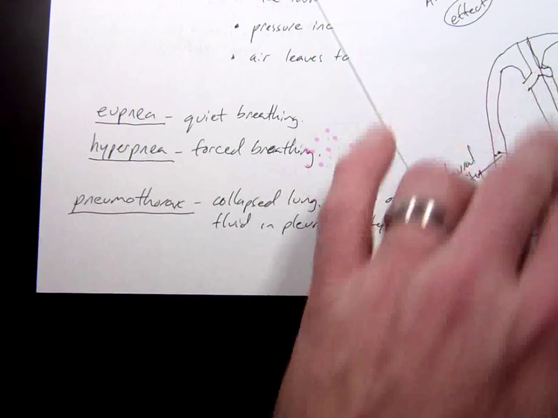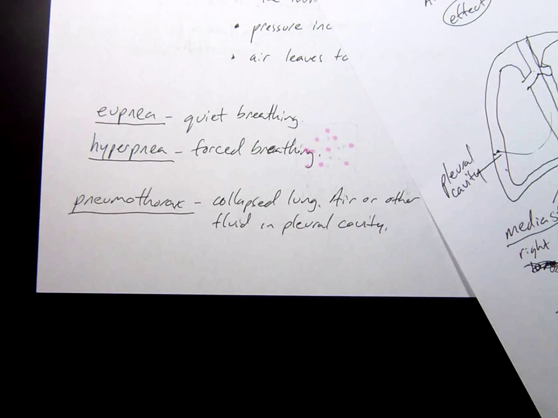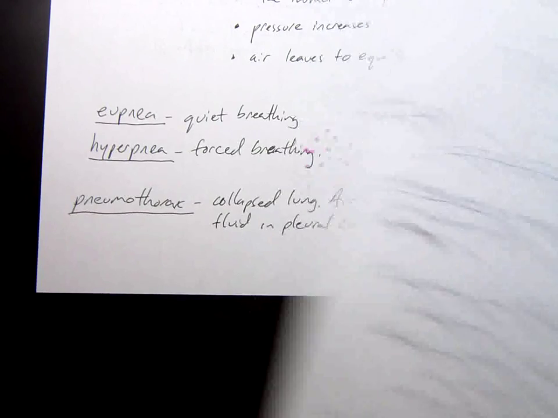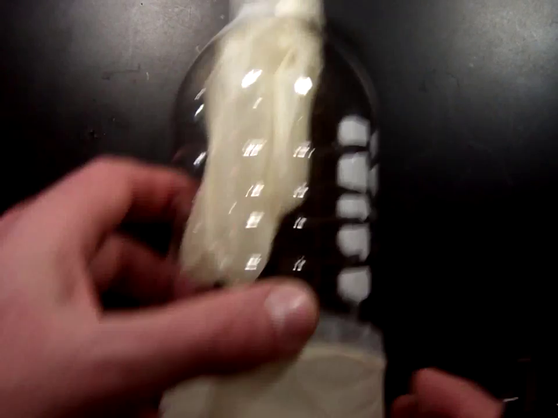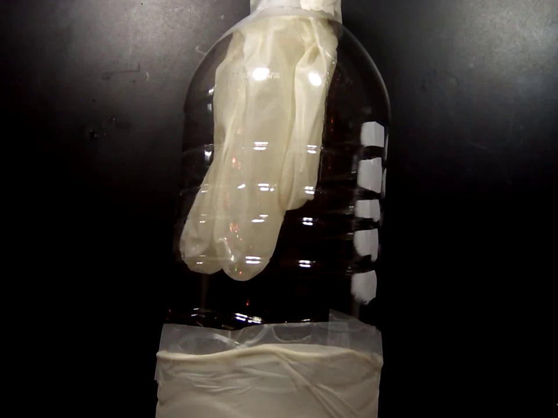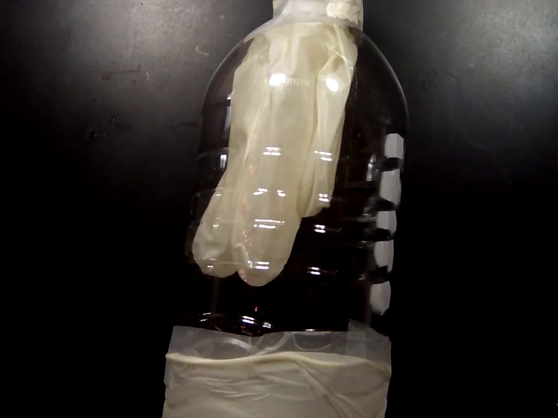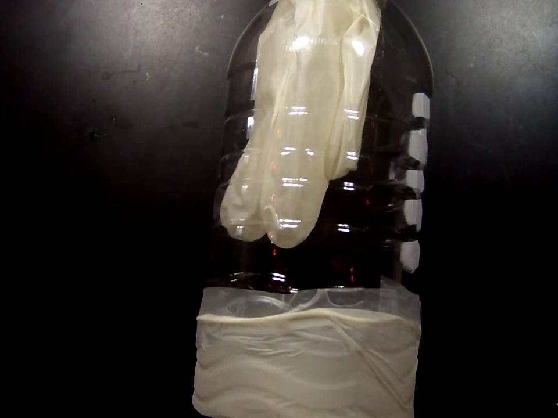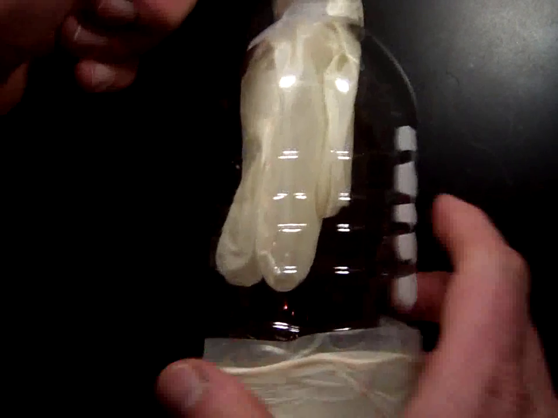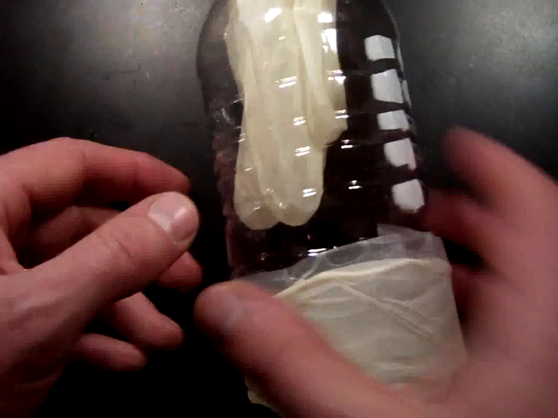Okay, I made this little model here. This is to try to show you how this happens, like how breathing happens. I just took this water bottle that I found in the recycling bin. I used gloves. See, there's one here and one down here. Basically I inverted this one and cut the top off of it, put it in this space, and this one down here I sealed at the bottom.